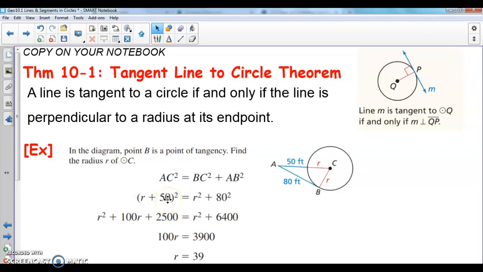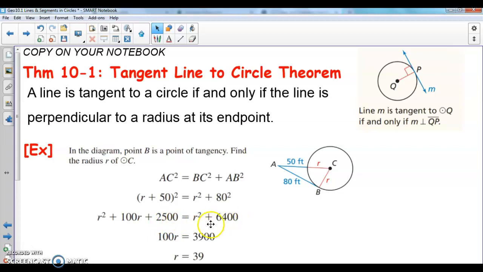In Algebra 1, we learned about the box method or the double distributive method, so you can use any of those methods to find the product when you multiply r plus 50 by itself. It will turn out to be r squared plus 100r plus 2500 is equal to r squared plus 6400.